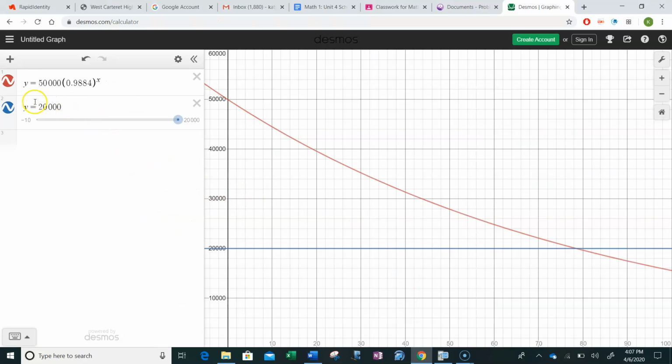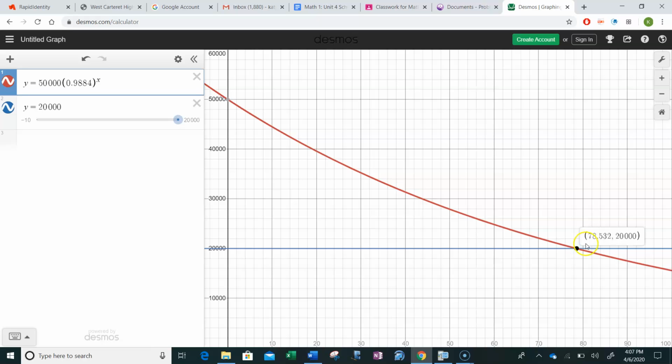So what we could do is go into Desmos, type in our function, and then type in our second equation and put y equals 20,000, because what we want to figure out is when these intersect. This is why learning systems of equations back in Unit 3 is so important, because we use it not just for lines, but for all kinds of functions. So we graph both of these, and we can see they're intersecting, and we hover on the intersection.